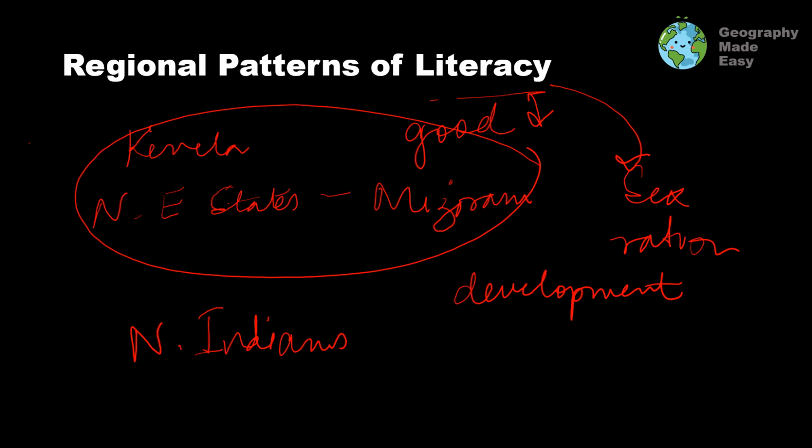In many cases in these states the literacy rate is low, and the low literacy rate leads to more social stigma, a lower sex ratio and a poor or low status of women. So this has a direct implication on the development index of a particular country.